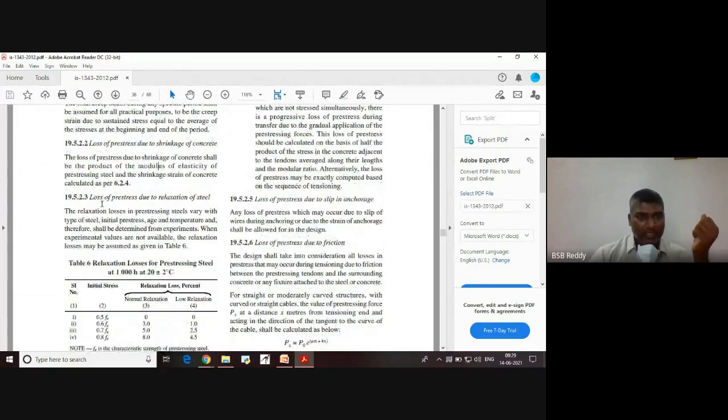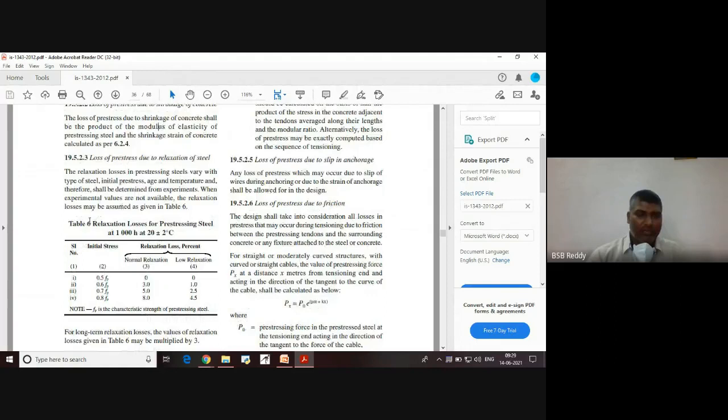Now, loss of pre-stress due to relaxation of steel, which is 19.5.2.3. So you have a table to follow. We will follow Table 6 for all these calculations. Okay. So this is about calculating loss of pre-stress due to relaxation of steel.